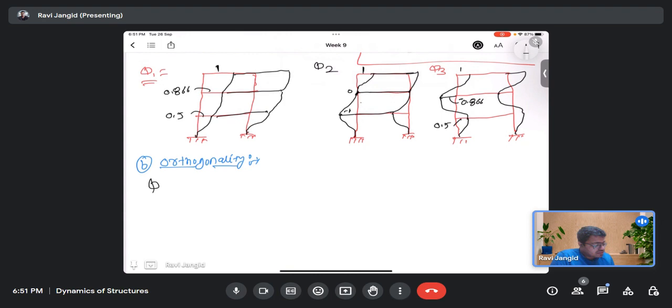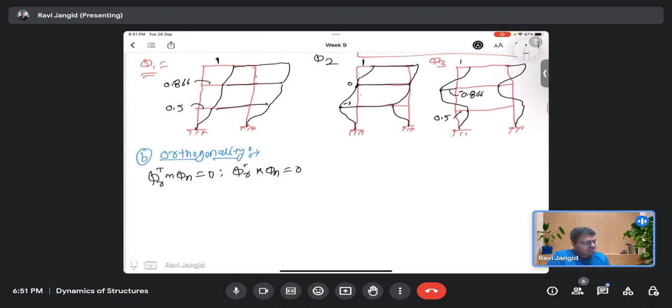As we have discussed in the first question also, phi r transpose M phi n should be 0. For the stiffness also, phi r transpose K phi n should be 0. So we will do one or two examples, or we can do all six.